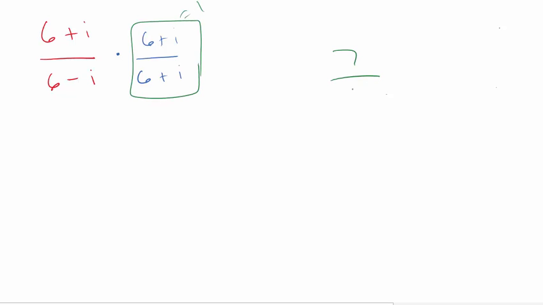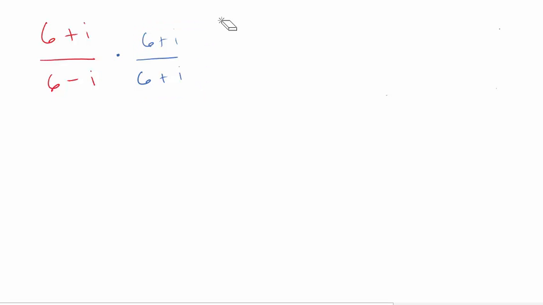Because if you take anything and you have the exact same thing in numerator and denominator and you divide it, you're going to get 1. If you have (3 + 2x) divided by (3 + 2x), this is going to equal 1. Because the numerator equals the denominator, and when you divide the two, you get 1. So we know that we're not changing anything inherent in this value by multiplying the numerator and denominator by the exact same number.